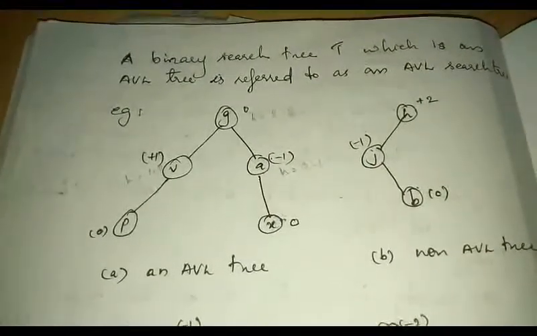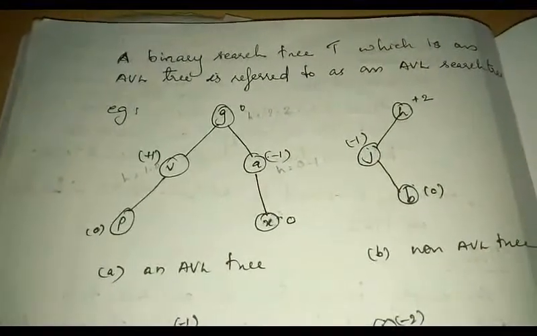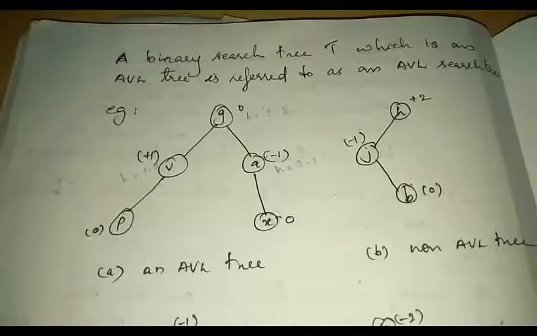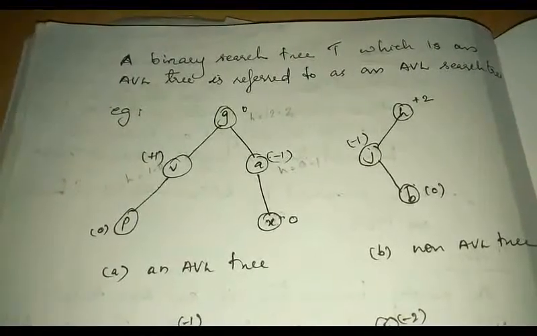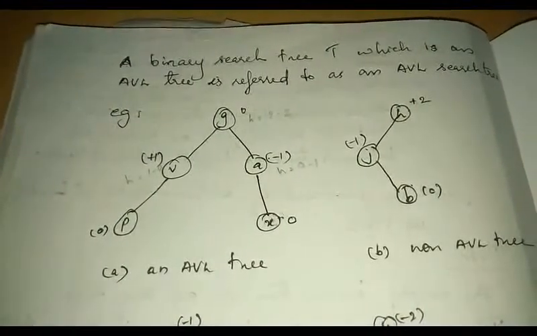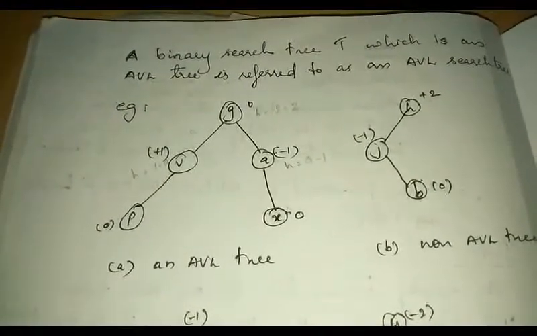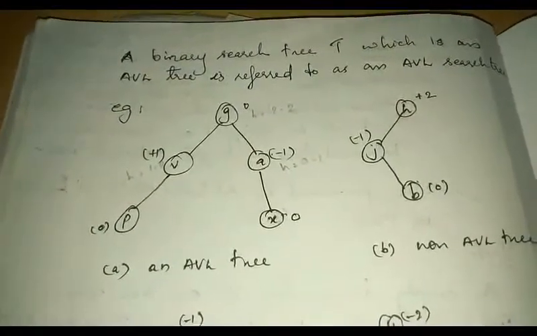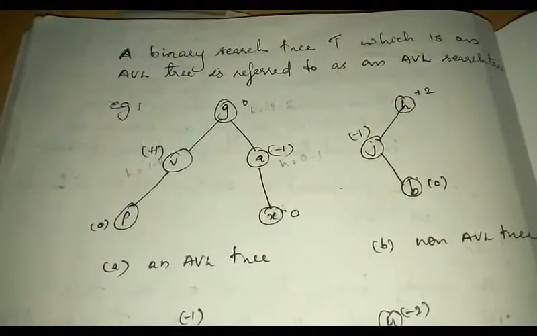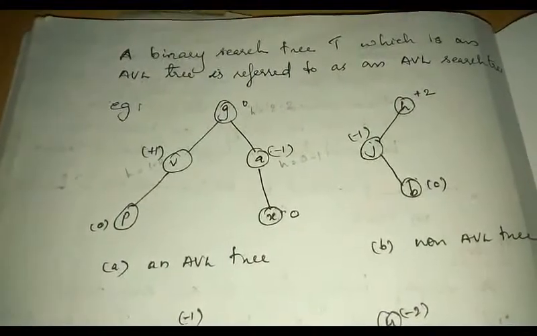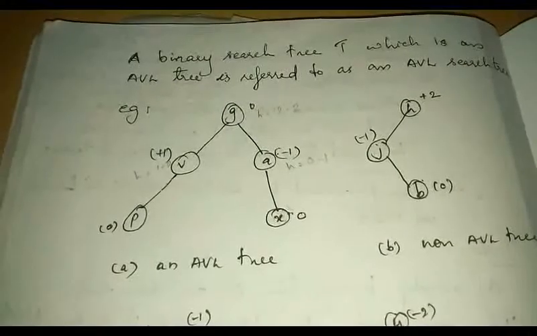Now look at the first example. You have a binary tree, and the balancing factors of each node are given within brackets. Look at the first figure, figure A. Here you can see that the balancing factor of each node is 0, 1 or minus 1.